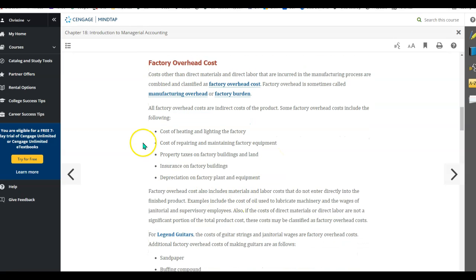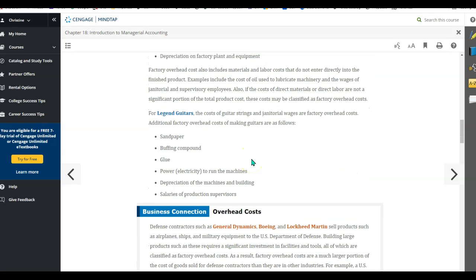So these are the factory overhead costs, and notice everything here has the word factory in it. Taxes on factory buildings, insurance on factory buildings, depreciation on factory plant and factory equipment, heating and lighting the factory. Those would all be overhead costs.